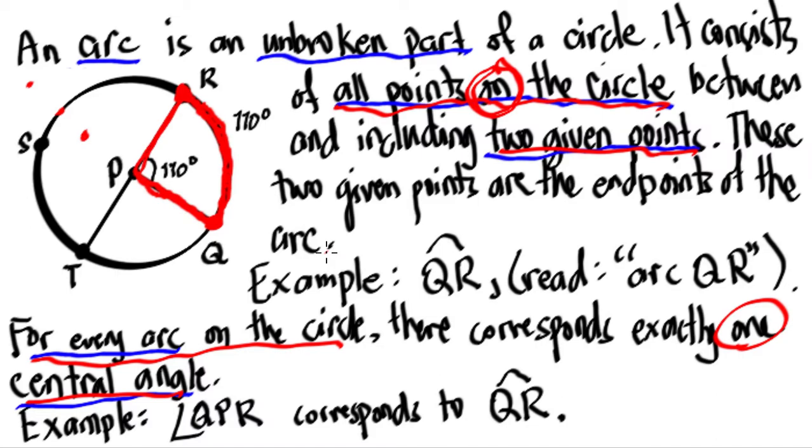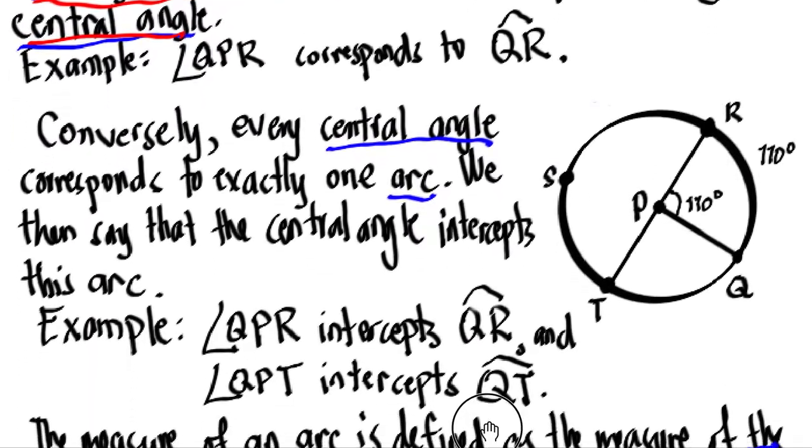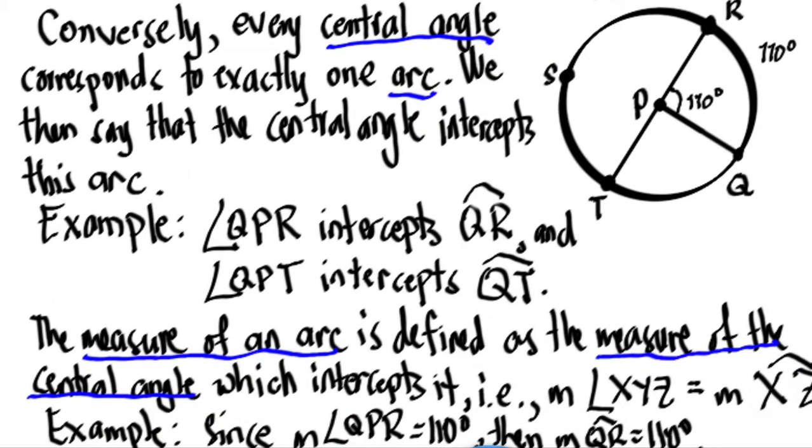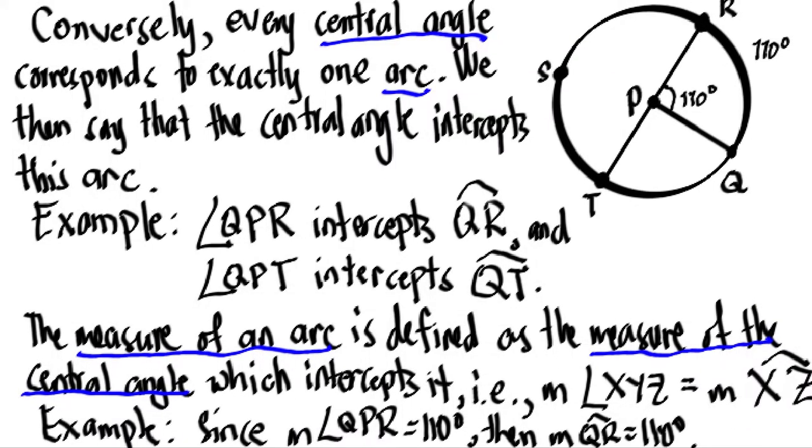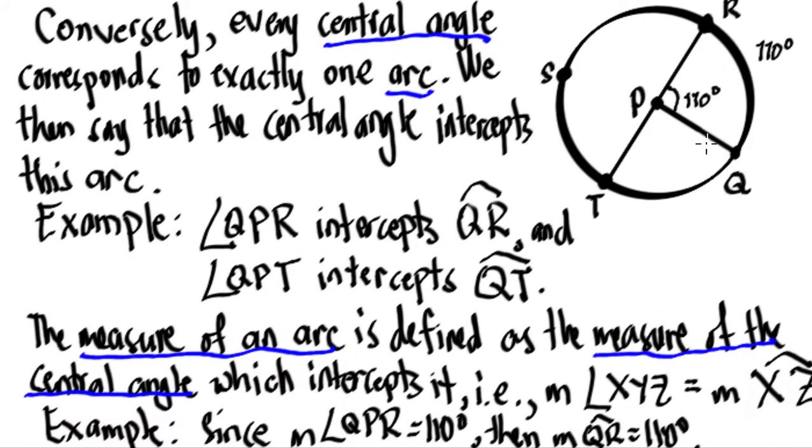So again, an arc, a central angle. Conversely, if every arc on the circle corresponds to exactly one central angle, we can think that every central angle corresponds to exactly one arc on the circle. Looking at the same circle over here, we can see that angle QPR, this central angle here, intercepts arc QR.